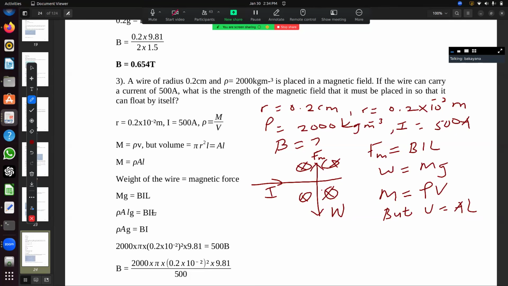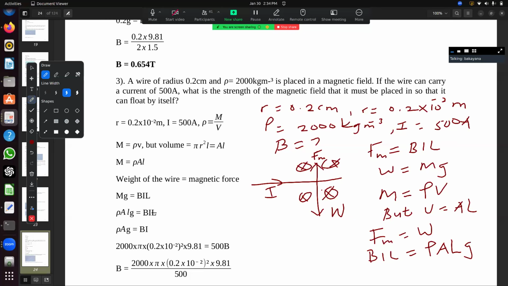So our magnetic force, which is equal to the weight, we say B I L is equal to the mass, which is density times the volume, which is cross-sectional area times length, then times acceleration due to gravity. Of course, the L will cancel.